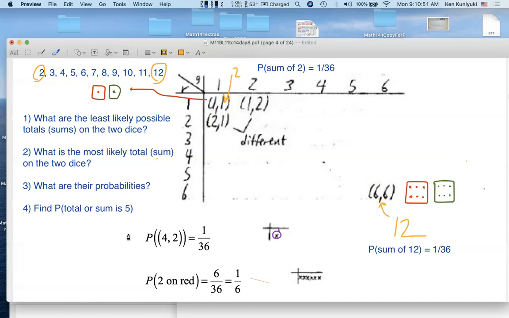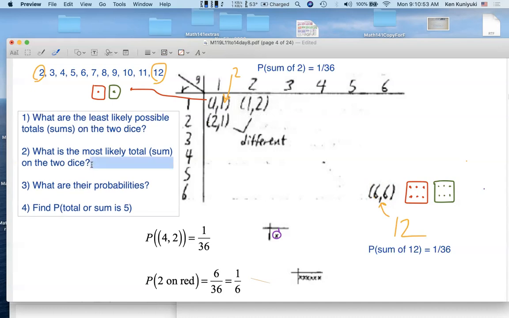Number 2, what is the most likely total or sum on the 2 dice? Well, imagine filling out this table or grid here. What's the longest skew diagonal here? Take a look here.